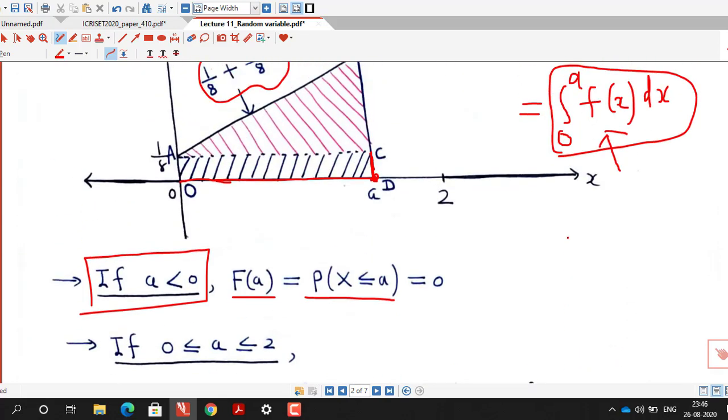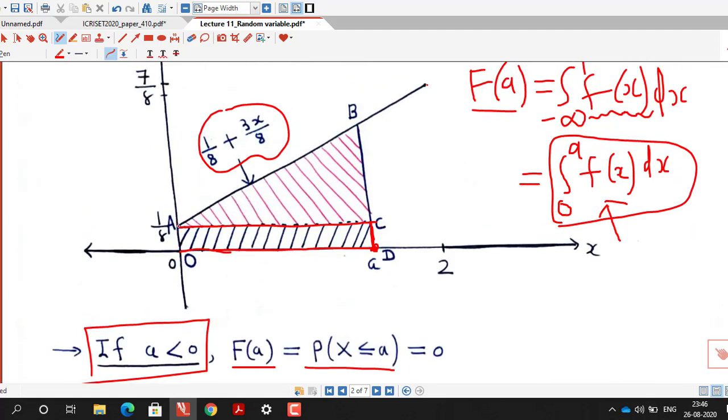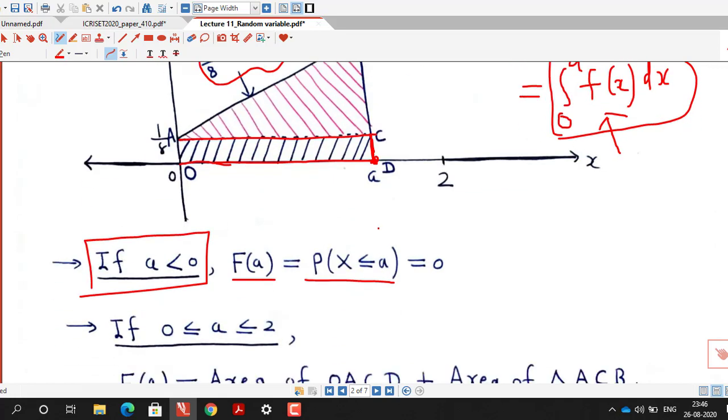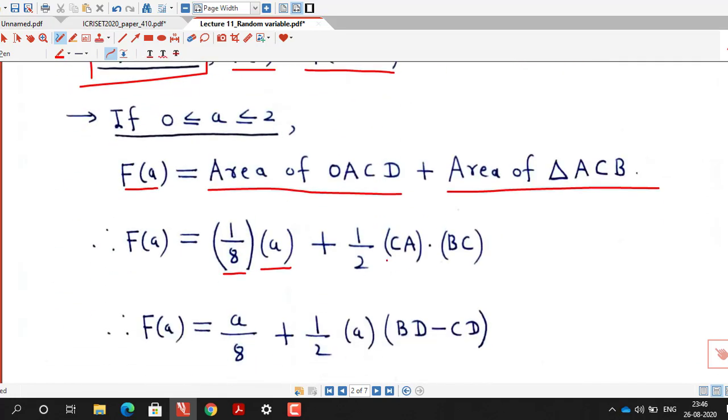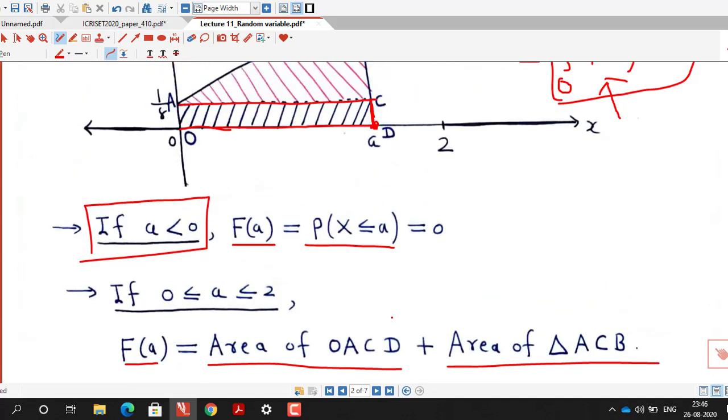So the area of triangle ACB is 1 by 2 into base into height. Now the base is this AC. So it is 1 by 2 into AC into BC. This is a by 8, plus 1 by 2. Now what is the length of AC?